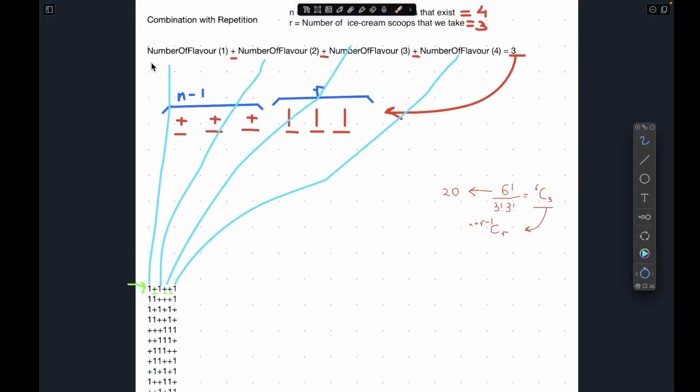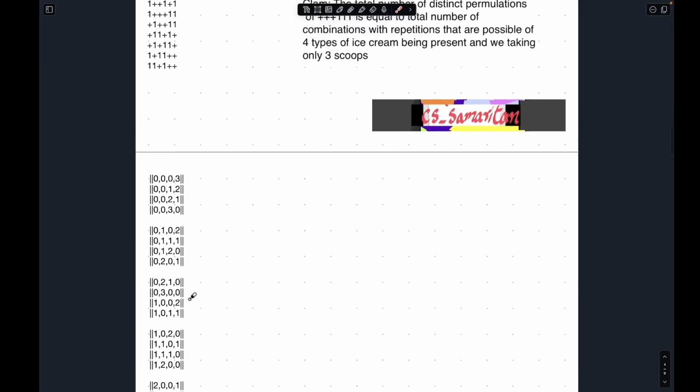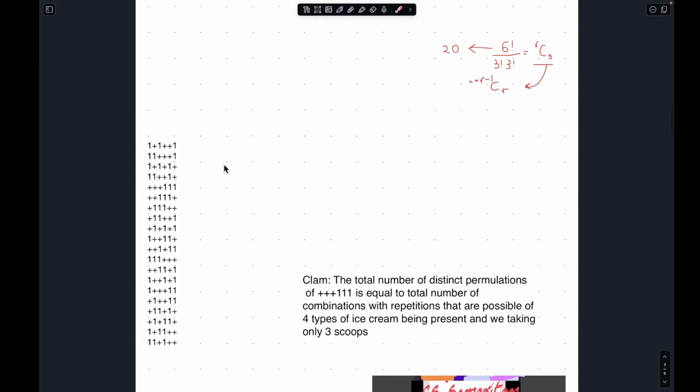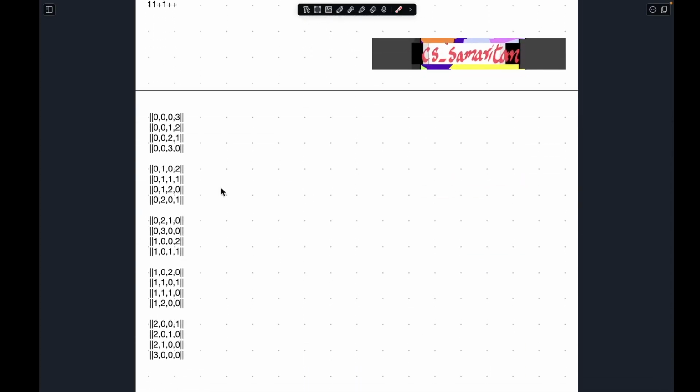That means of flavor 1 there is only 1 scoop, and there is 1 scoop of type 2, and because there is no number over here, there is no scoop of type 3, and there is 1 over here, so there is 1 scoop of type 4. This is what this representation gives us, right? And what does this correspond to? This corresponds to this possibility, 1 1 0 1, right?